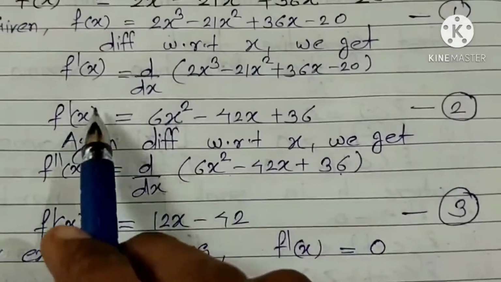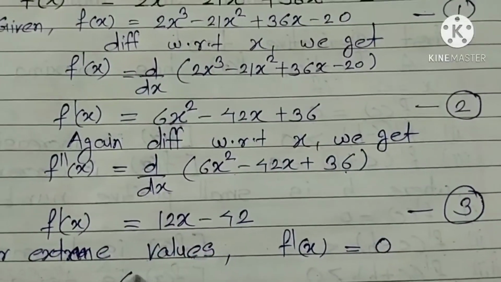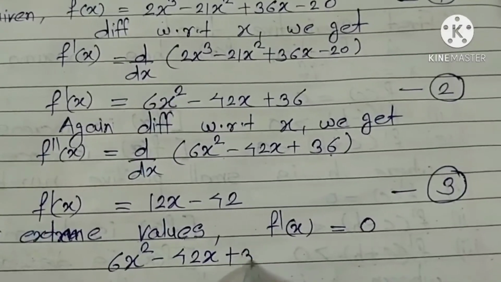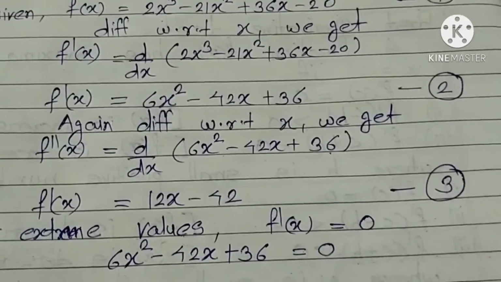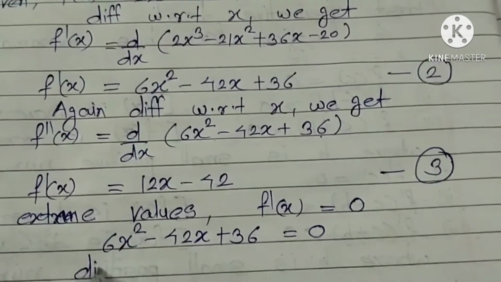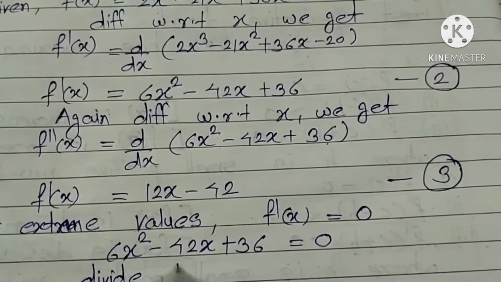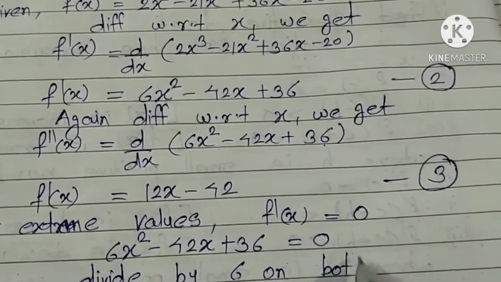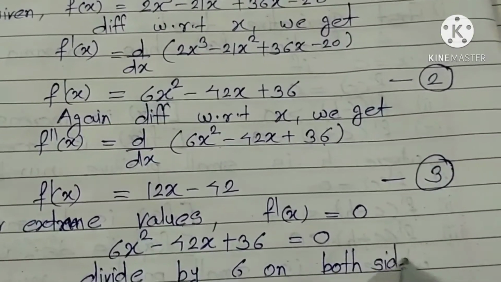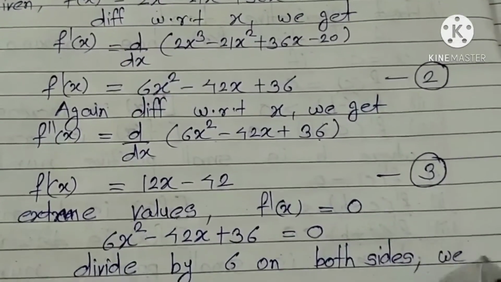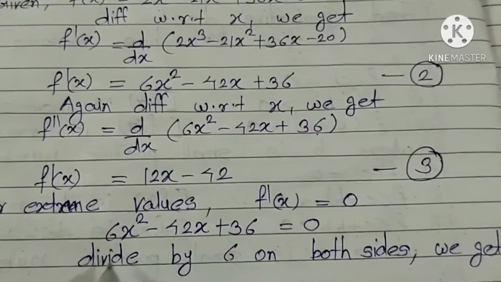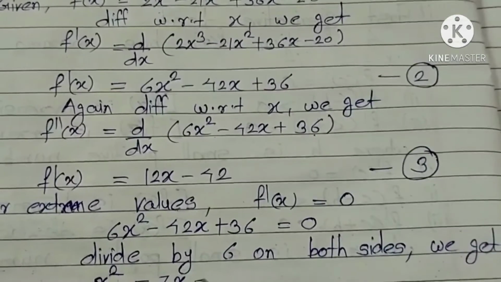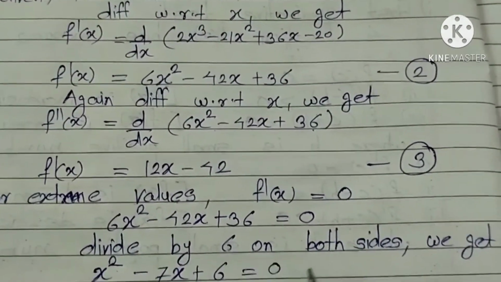Here this is f dash of x, equal to 0: 6x square minus 42x plus 36, which is equal to 0. Now divide by 6 on both sides. After division we get x square minus 7x plus 6, which is equal to 0.